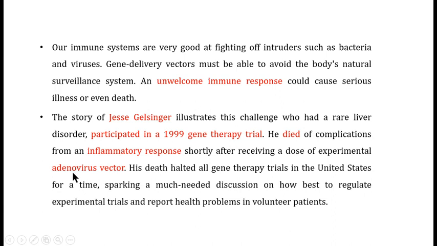As you are using this adenovector to deliver the foreign material into the body of this particular patient, the vector is foreign, the DNA is foreign, that created a complicated inflammatory response, and that killed J.C. Gelsinger. After his death, all of the gene therapy trials in the United States were halted for a time, sparking a much needed discussion on how best to regulate experimental trials and report health problems in volunteer patients.